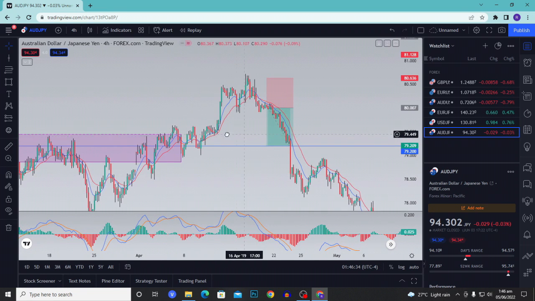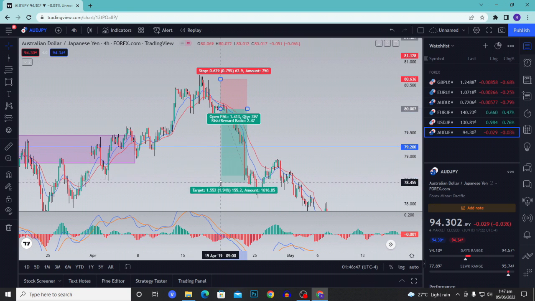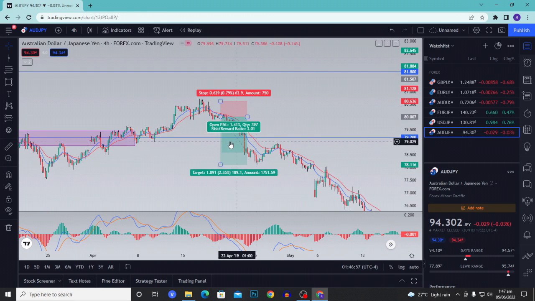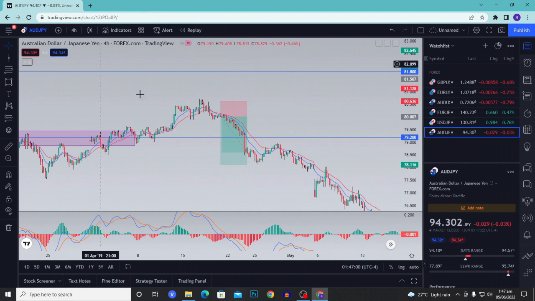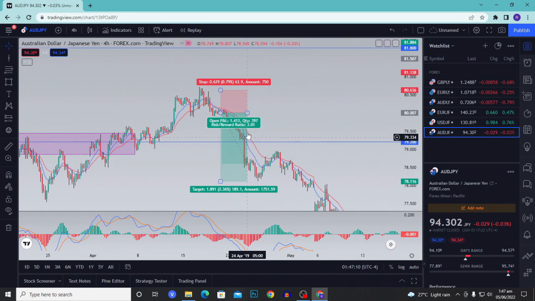If it's less than a 1-to-1, we do not take the trade. If it's a 1-to-1 risk to reward ratio and above, we take the trade, and we take it for a 1-to-3 risk to reward ratio at least. It's a bit different if we look for a setup on the daily time frame, but on the weekly time frame we make sure that it's at least a 1-to-1 risk to reward ratio.